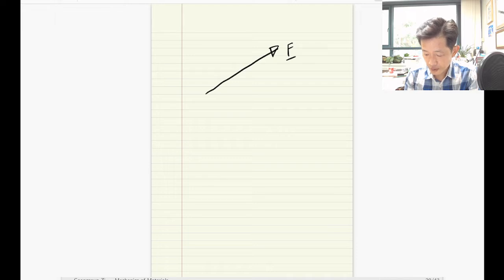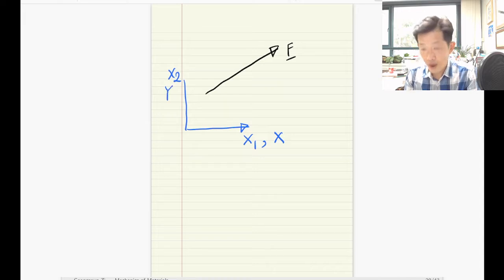The first, I want to consider this coordinate system. So x1 or x2, according to the textbook notation. Instead of x1 and x2, we may want to use x and y. And also we want to consider another coordinate system, which is rather rotated, parallel to the direction of the force vector.